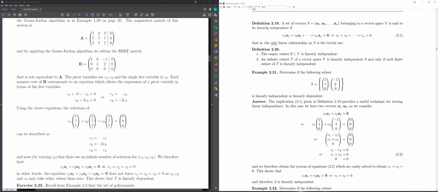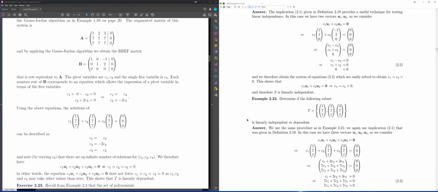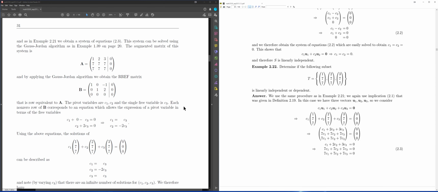So let's go back to what we originally had. What we originally had was, remember, this vector equation here, and from this vector equation, we got the system. This system, which is associated to the RREF, has the same solutions as this system over here.